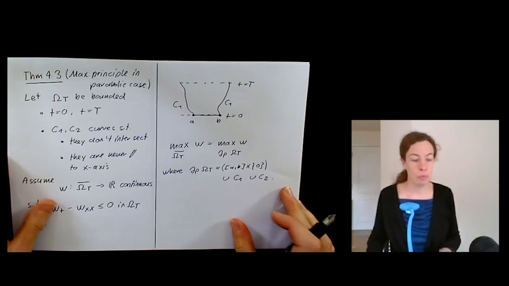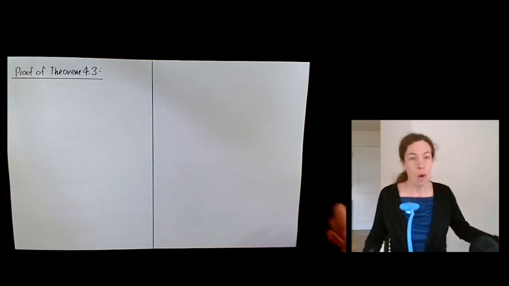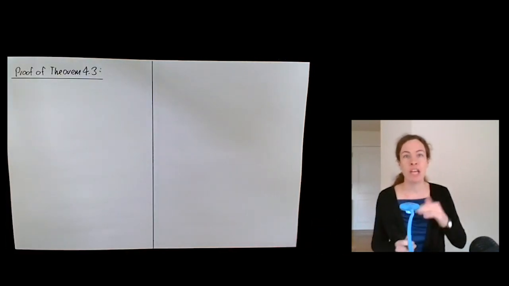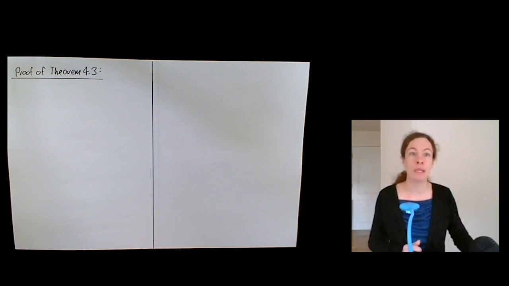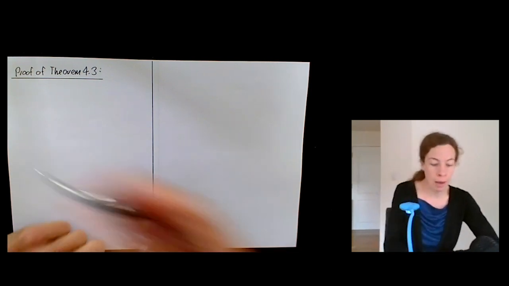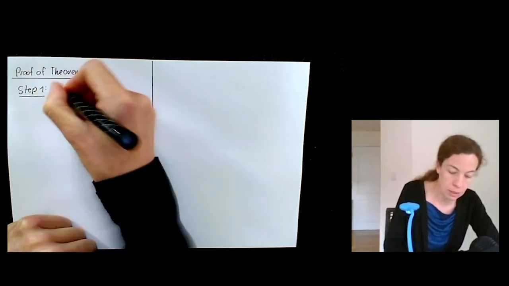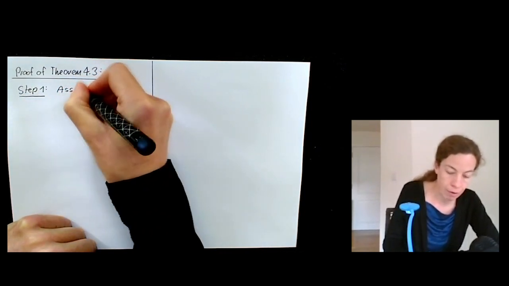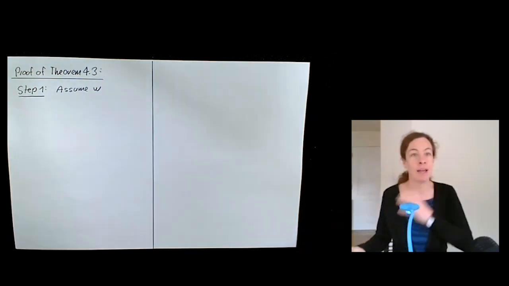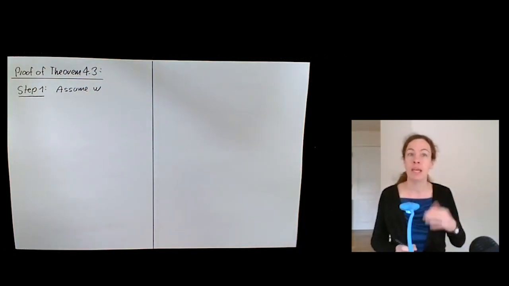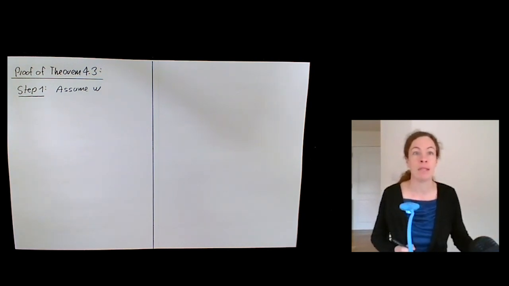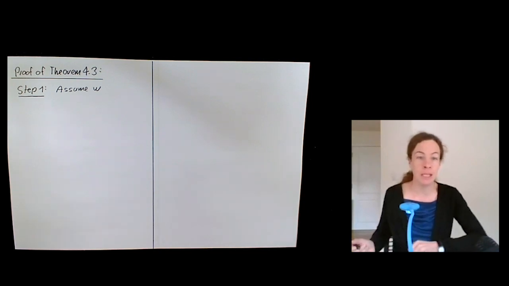So how do we want to prove this? Well, in a first step, we want to actually ask for more than what we assume in the theorem. And what we want to ask is that we have a strict inequality. So step 1 is to assume that my function w satisfies the same conditions as before. In particular, it's continuous on the whole domain. It's differentiable enough, so twice in space, once in time, that we can make sense of the heat operator.